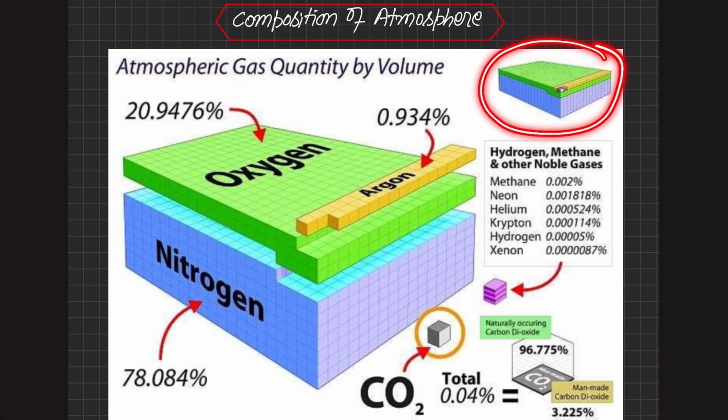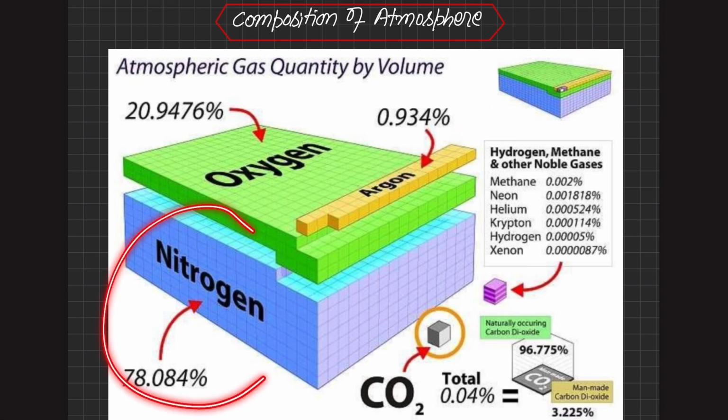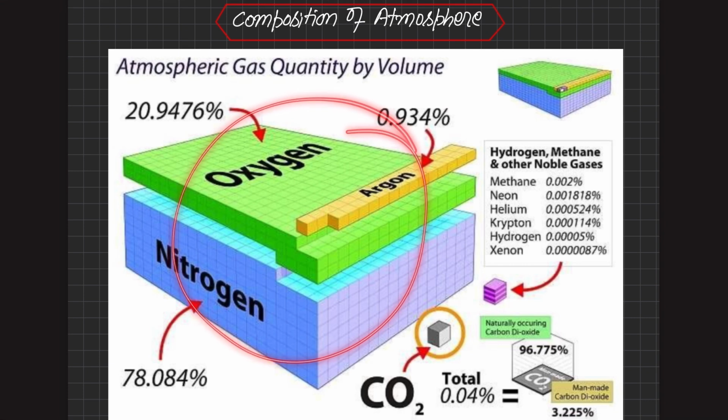This is the overall mixture of atmospheric gases, and if we zoom in, we see that the biggest portion is nitrogen, which is 78%. Then there is oxygen, which is 20.9%. Then there is argon, which is 0.934%. Now this whole structure is made up of unit cubes, and this unit cube is equal to the concentration of carbon dioxide, which is 0.04%.